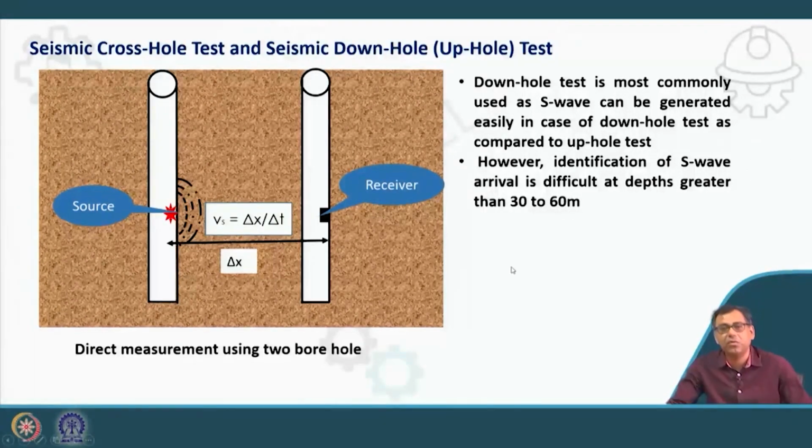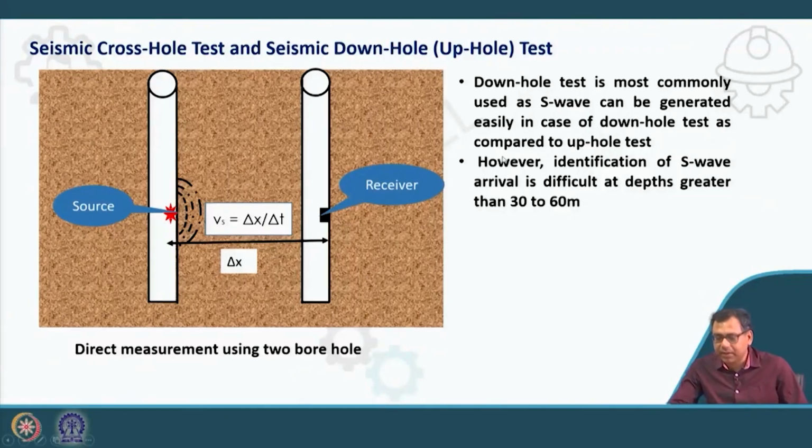Now another thing is the seismic downhole test and seismic uphole test. In the seismic downhole test, one borehole is used, the source is at the ground surface and the receiver is at a certain depth. Clear? In the seismic uphole test, the receiver is at the ground surface and the source is at different depths. That way also you can do this test.